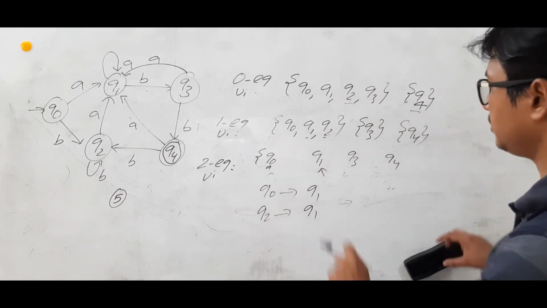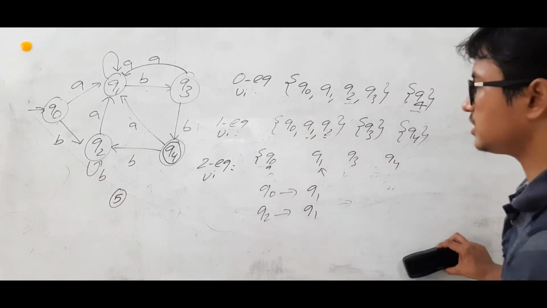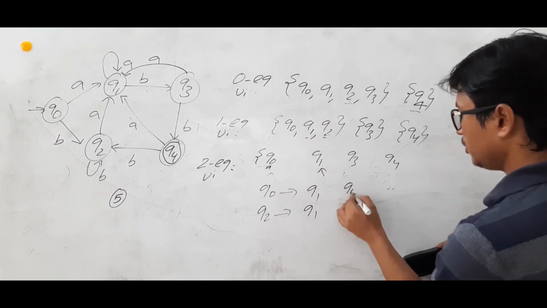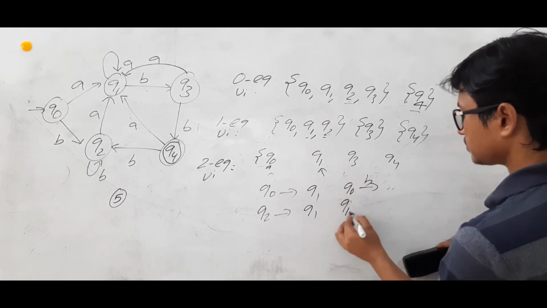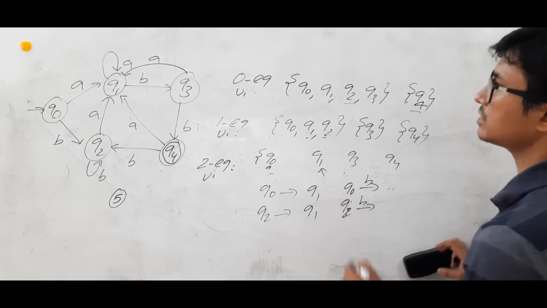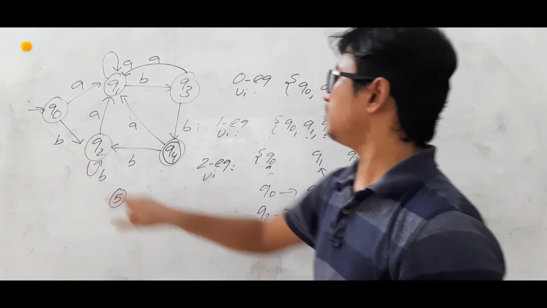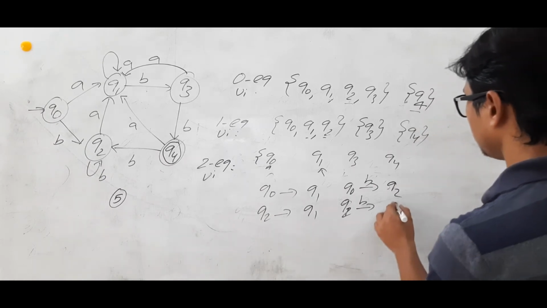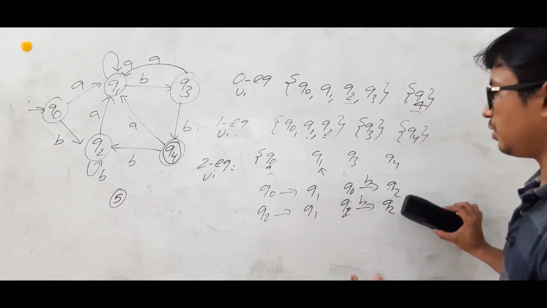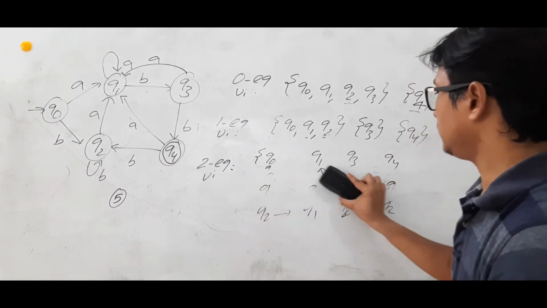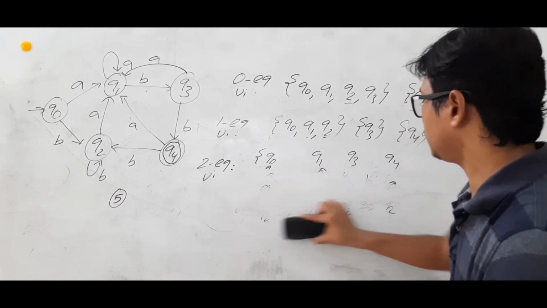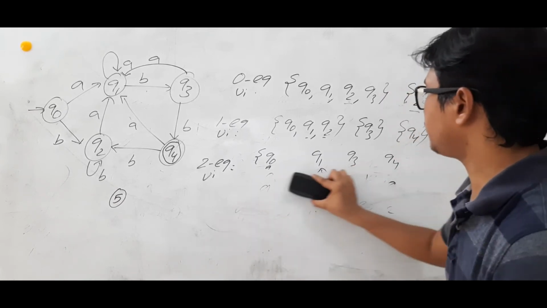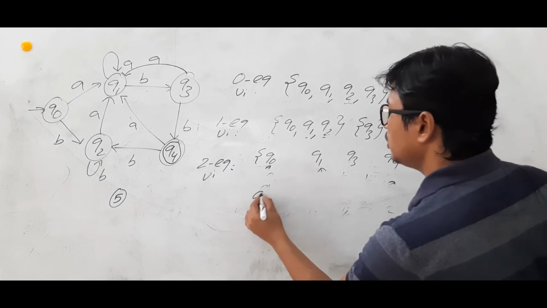Still they are going to a single set in the one equivalent. Q0 on B is going to Q2. Q2 on B is going to Q2. Still Q0, Q2 are friends. We need not check Q1 and Q2, but just for your confirmation, I will check Q1 and Q2.